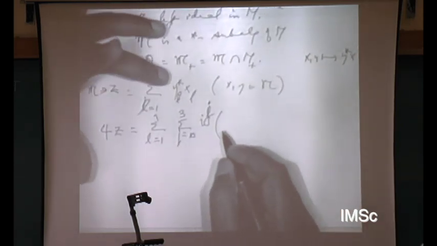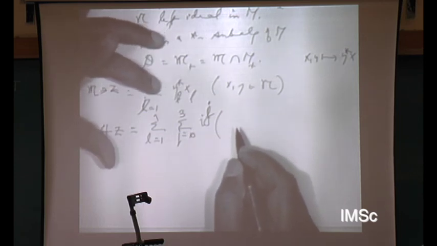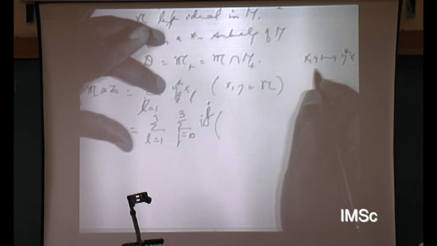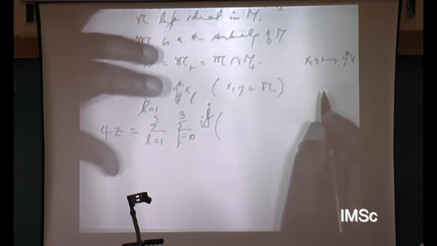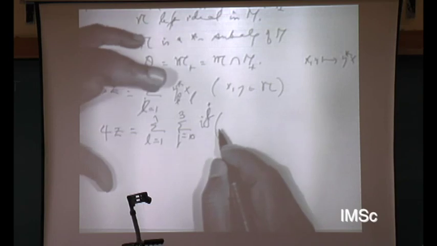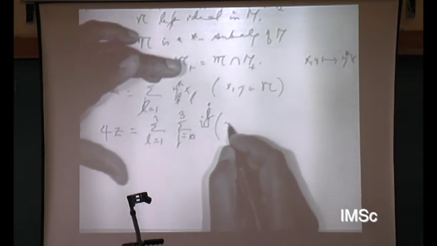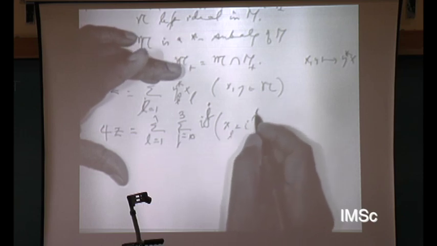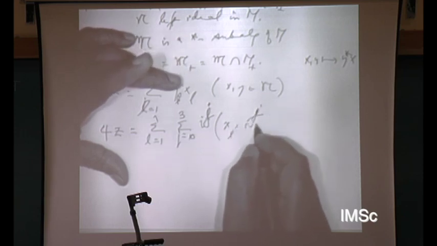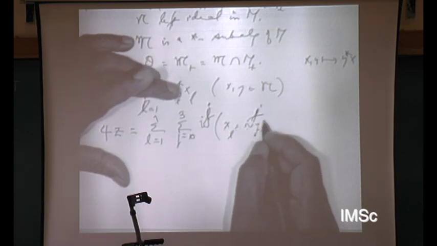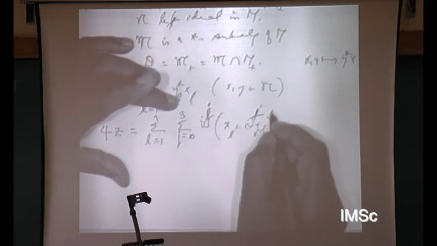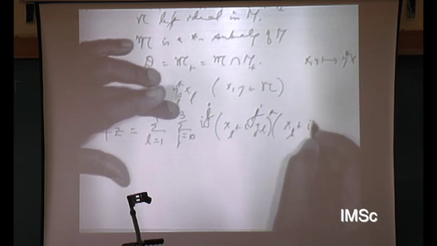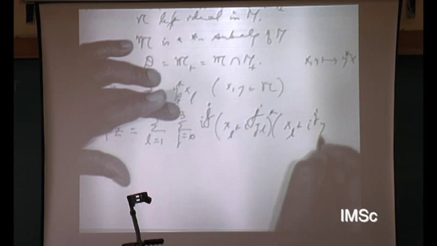It says that q of (x, y) is the sum of (x_l plus i to the j y_l) star (x_l plus i to the j y_l).